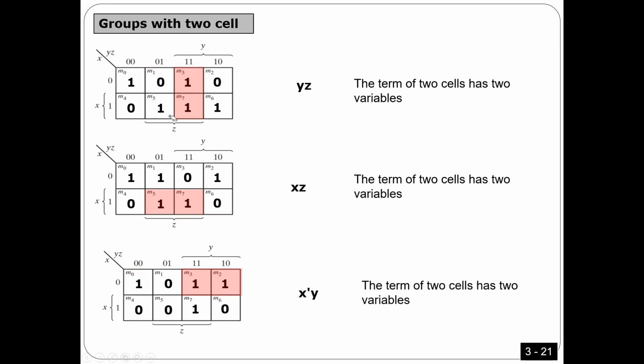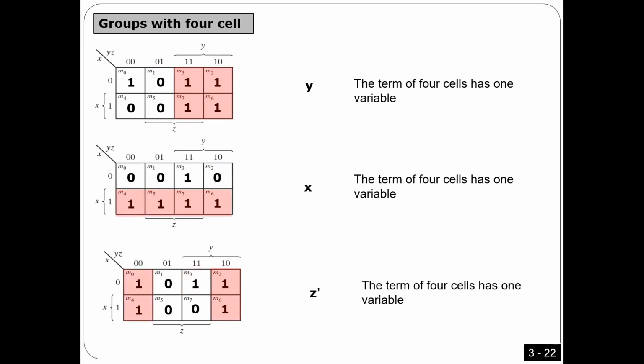In the case of four, for example here, I can take these four together as one group. You can take these two here and these two here as one group, because these two and these two are neighbors to each other.